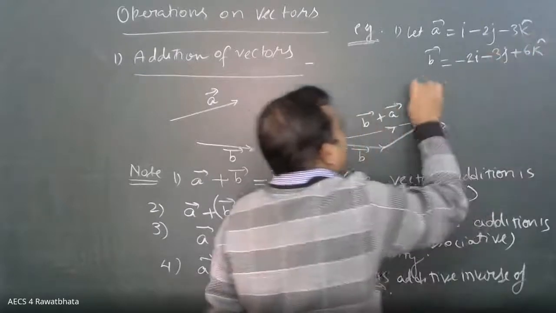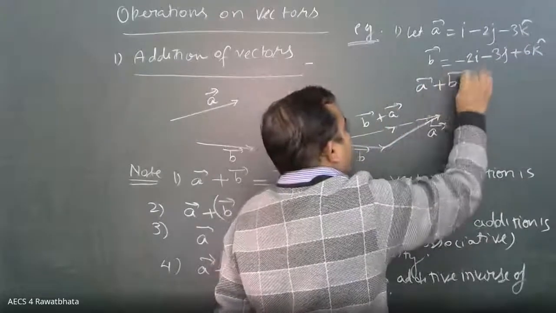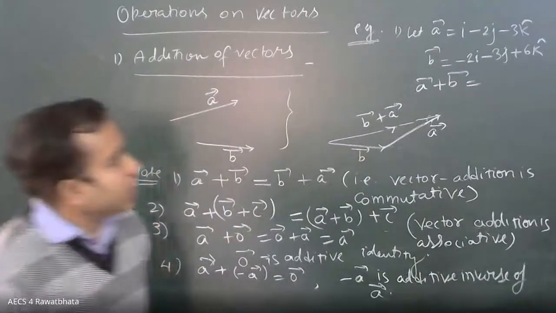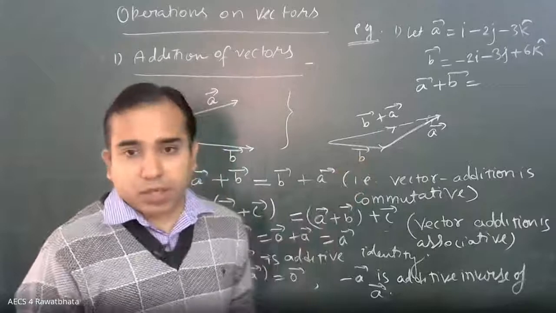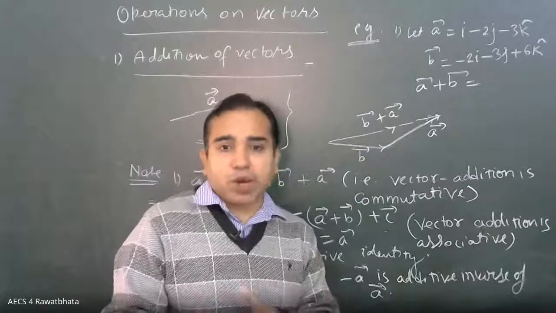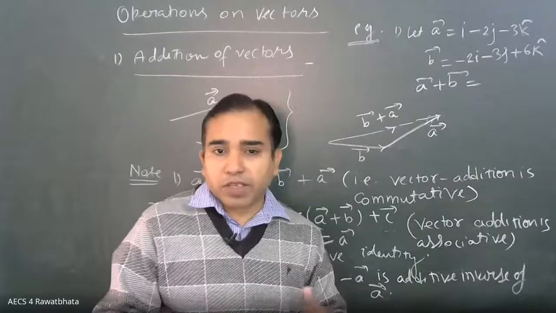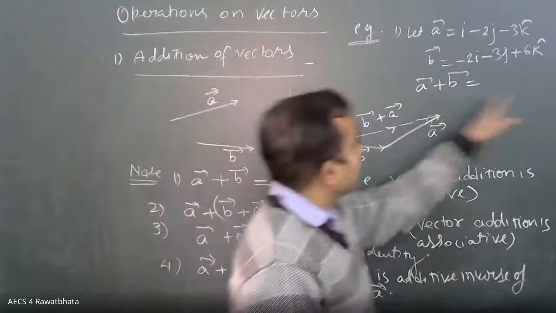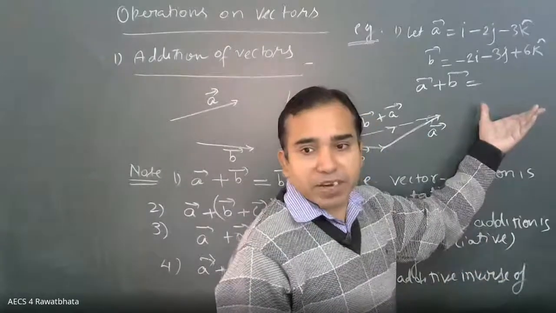Then A plus B vector will be how much? Actually ये मैं बस इसलिए एग्जांपल दे रहा हूँ कि जिससे ये क्लियर हो कि कंपोनेंट वाइज हम एडिशन करते हैं. ठीक है, यू कैन से कि i कंपोनेंट जाके i कंपोनेंट में ही ऐड होगा. यू कैन से इन अदर वर्ड्स कि हम i कॉमन ले सकते हैं. तो कितना आएगा अगर आपको बात समझ में आई? What should be final? A plus B vector.